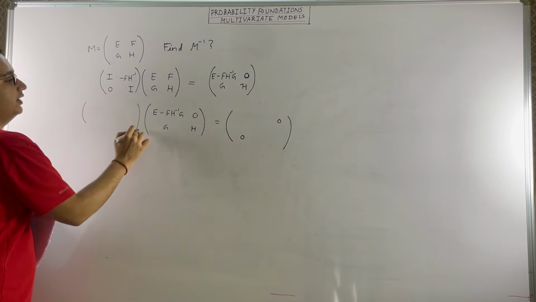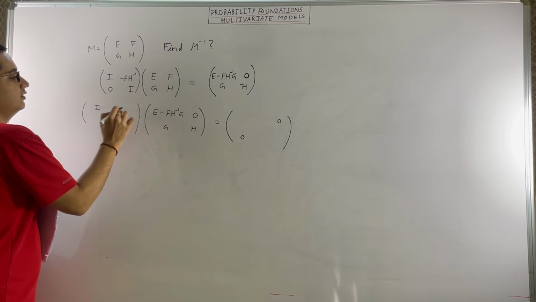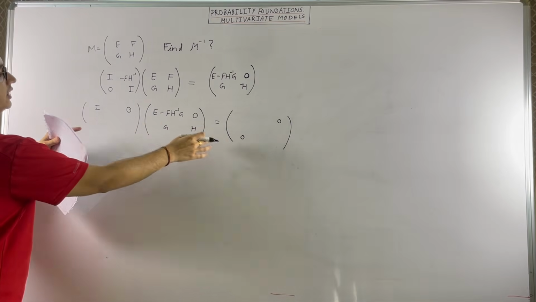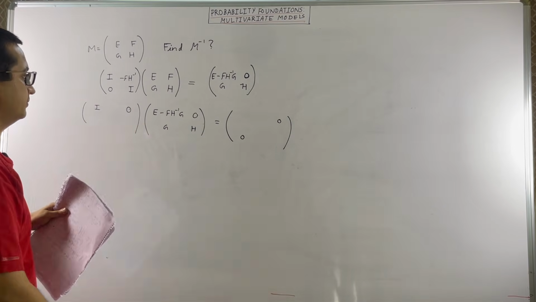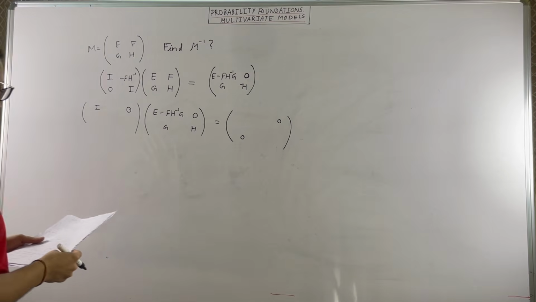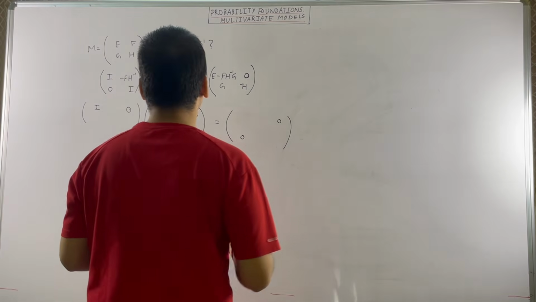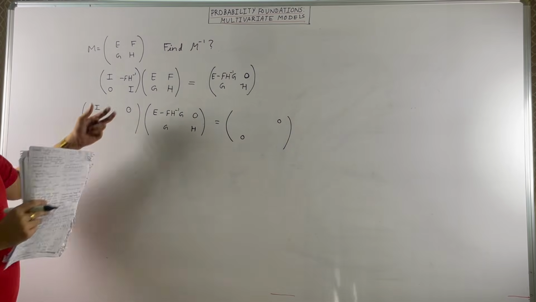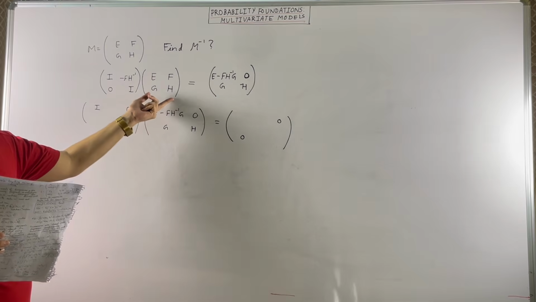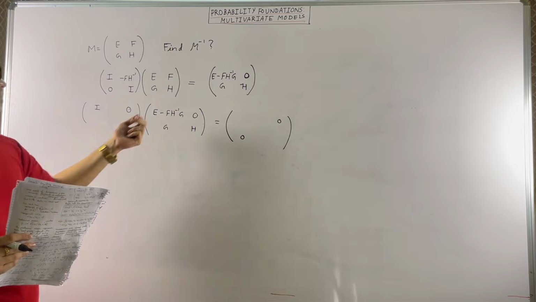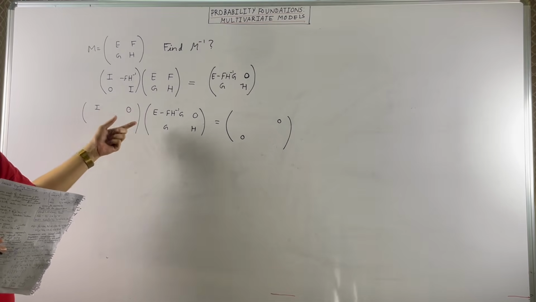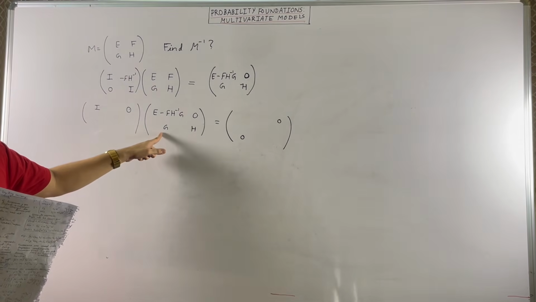This time we are not manipulating the first row, but here we have to do a manipulation if I have to make a zero over here, right? So how will I do that? Any ideas? So see, there I did a left multiplication, right? And here I have EFGH and I get this. So I cannot do a left multiplication here because I have to make a zero over here, right?